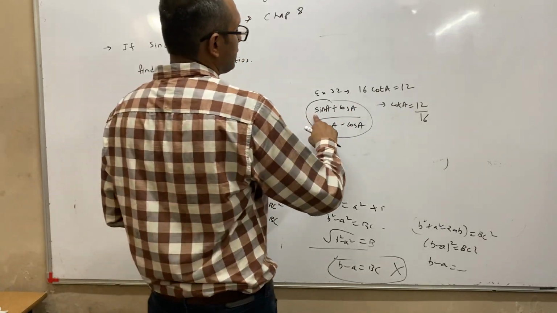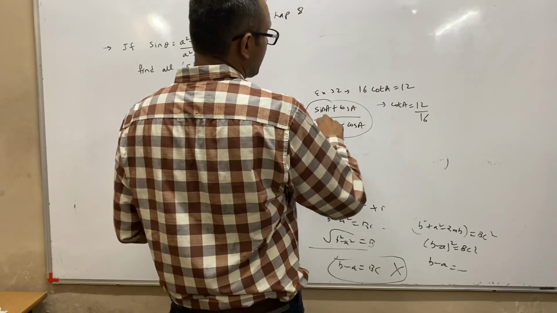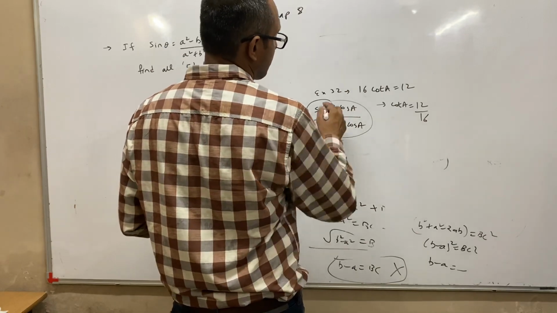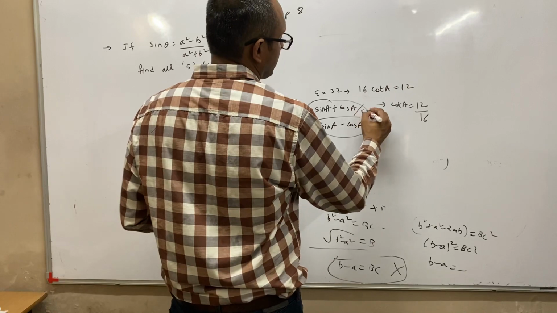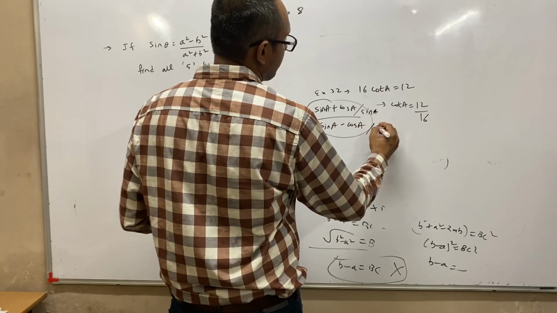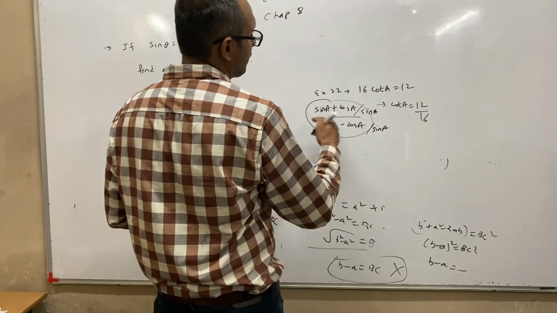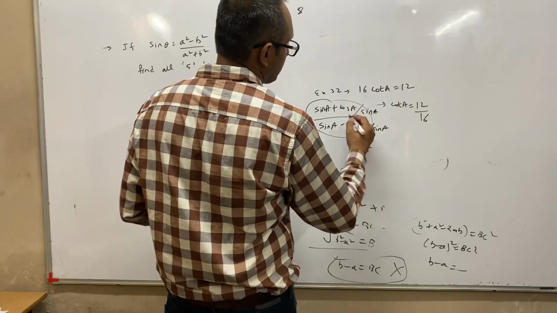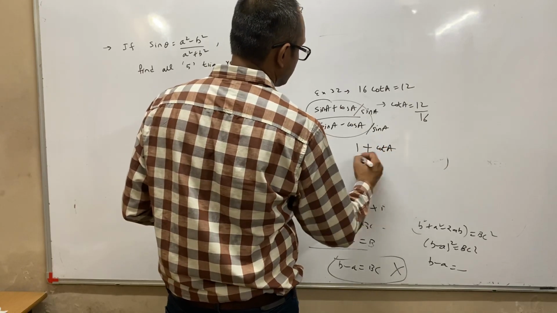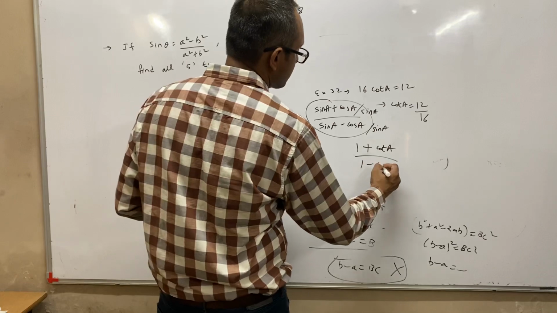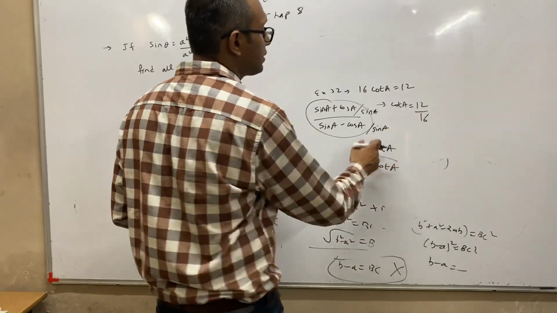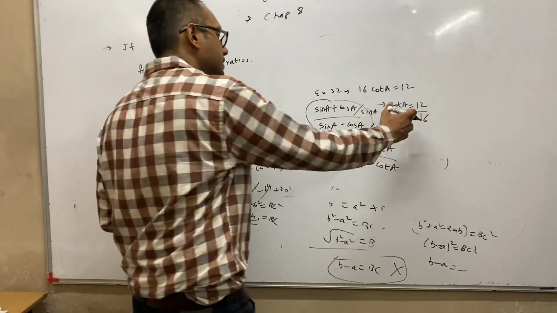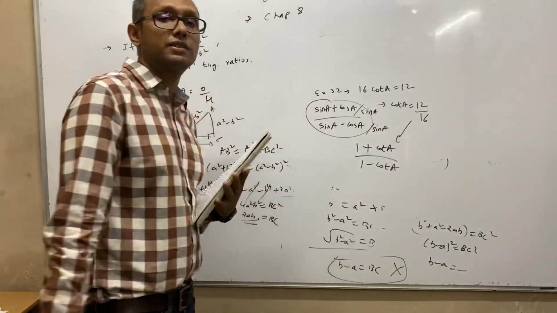Divide throughout by sin, numerator as well as denominator. When you divide, the first term becomes 1 plus cot A and the denominator 1 minus cot A, and now you just have to substitute this value. So in many sums this step can be done. So you do that sum.